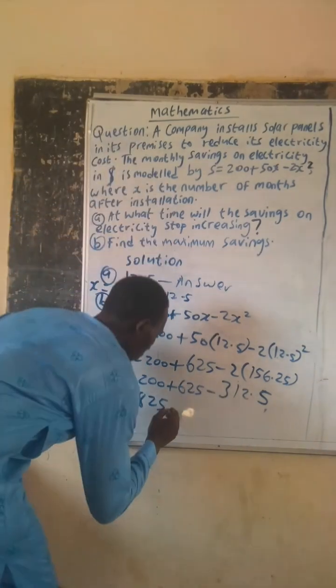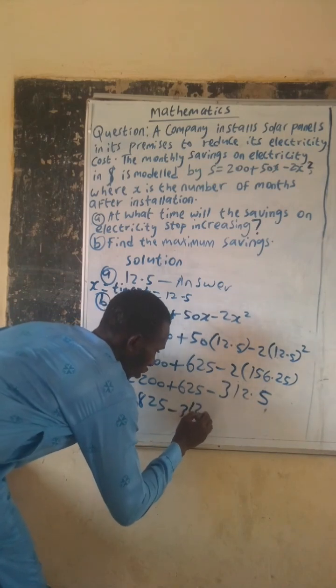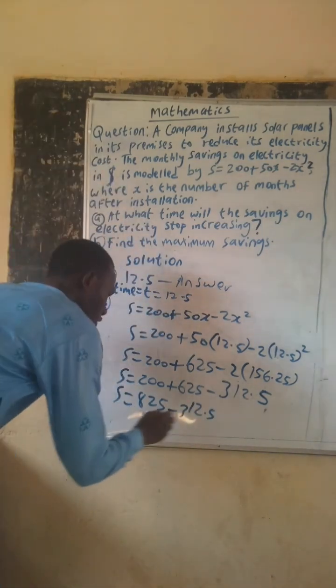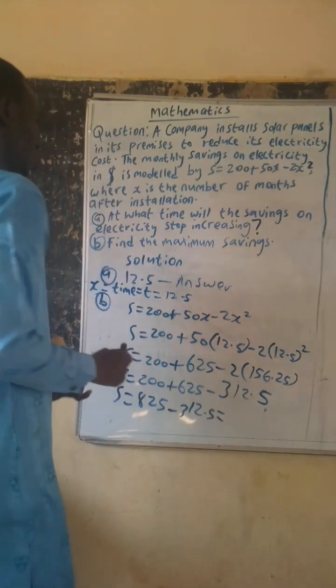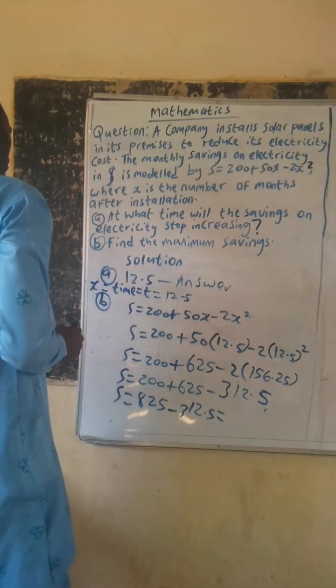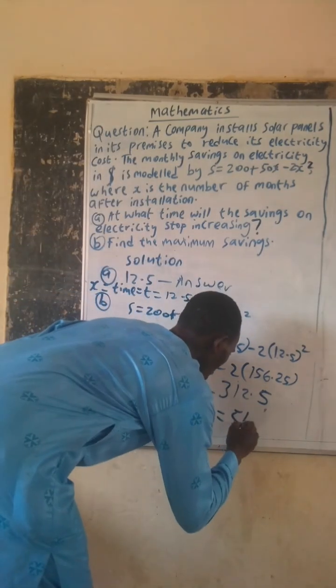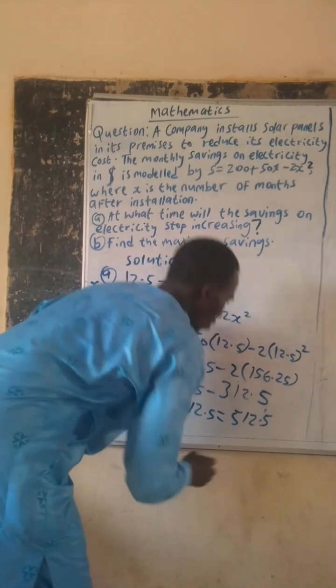So let's subtract 312.5 from 825. When you do that correctly, you're going to have 512.5.